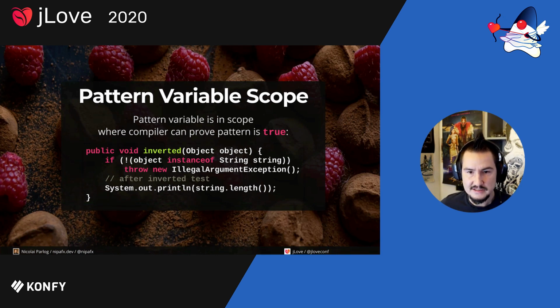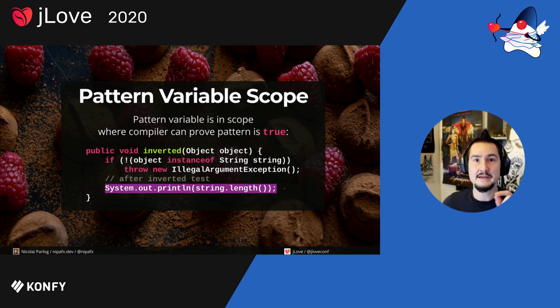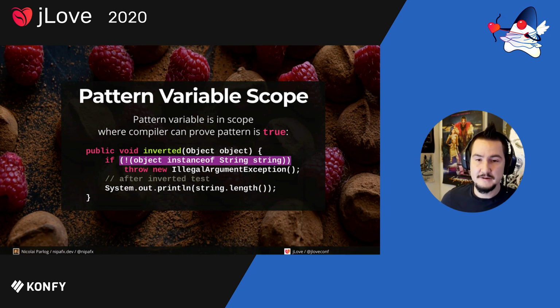So have a look at this. I want to see whether object is an instance of String. And if it is, I want to cast it into a new variable called string. If this is not the case, note the not, if it is not the case, I throw an exception. And that means the compiler knows that by the time we arrive on this line, this entire check must have failed.